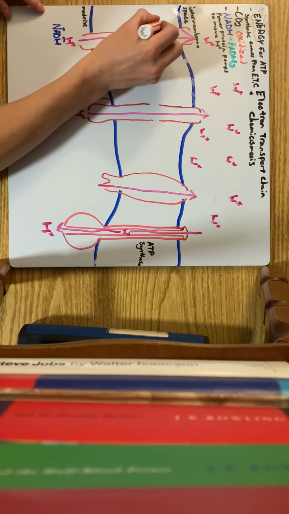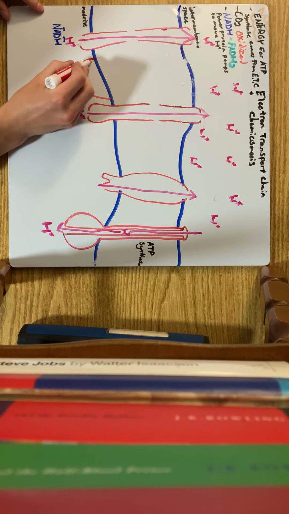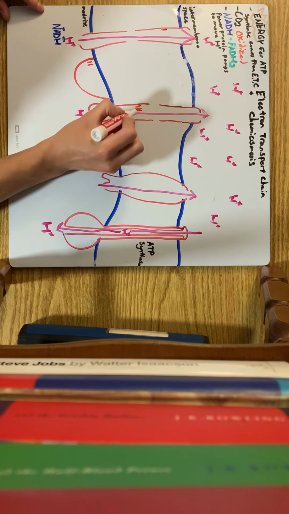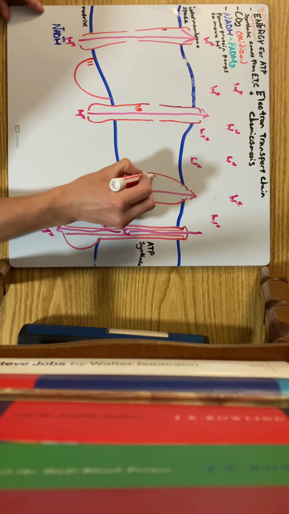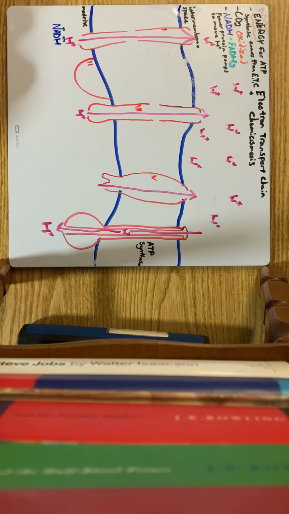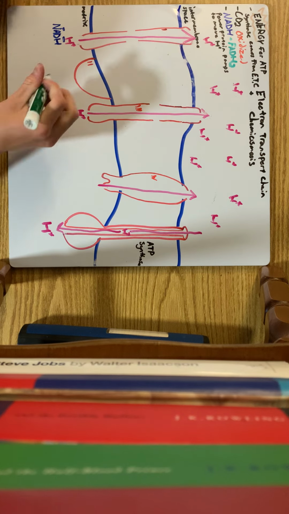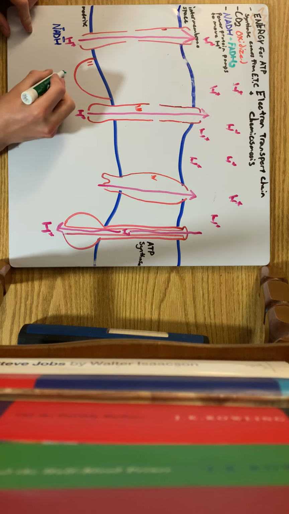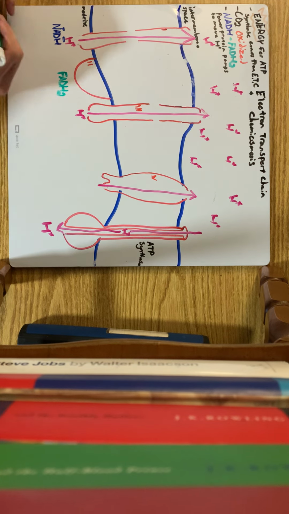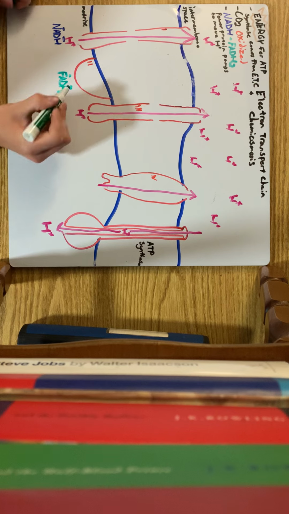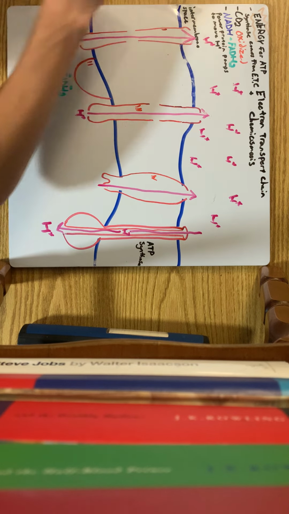I should label these 1, 2, 3, and 4. And we also have FADH2, which also has some negatively charged electrons.